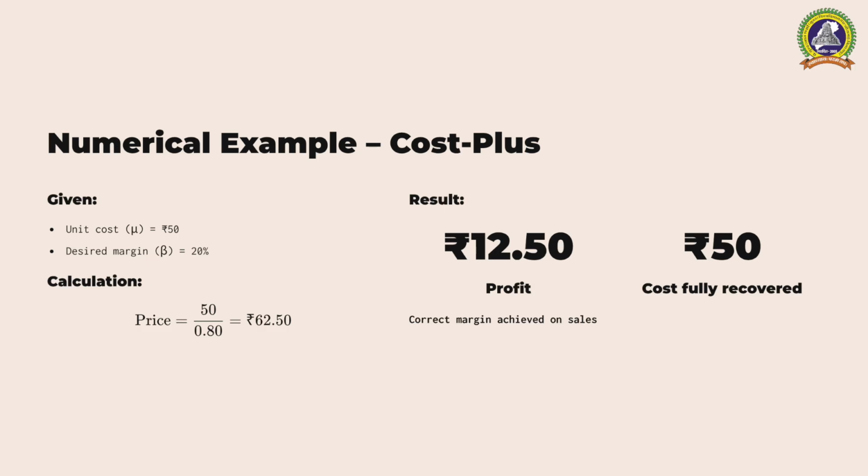Subtract that profit of rupees 12.50 from the price of rupees 62.50 and we are left with rupees 50, which is exactly the cost. The maths works perfectly. This distinction between markup on cost and margin on sales is vital for financial accuracy.